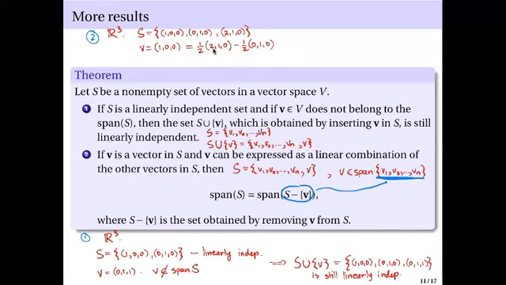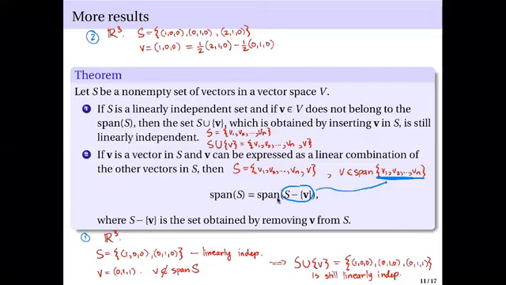So 1 half times 2, 1, 0 becomes 1, 1 half, 0, minus 1 half of this, which is 0, 1 half, 0. So the middle becomes 1 half minus 1 half, that becomes 0. The first entry, 1 half times 2, that's 1, minus 0, that's 1. And of course, the third entry, 0 and 0, is still 0. So we have a set S, we have a V in S, and V can be written as a linear combination of the other two vectors.